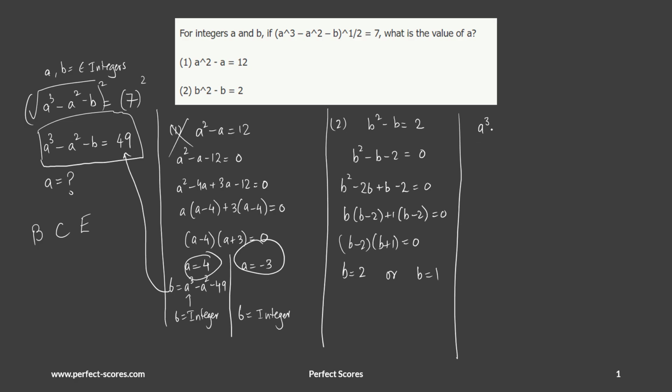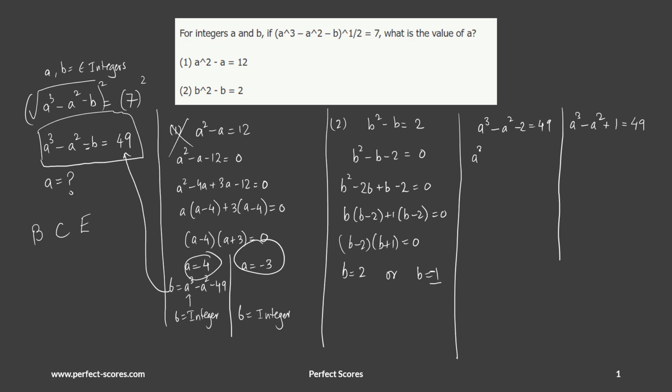So A cube minus A square minus B. The value of B is 2, so it's going to be negative 2. In the other one, we have A cube minus A square, and the value of B is negative 1. So negative of negative is going to be positive 1, equal to 49.